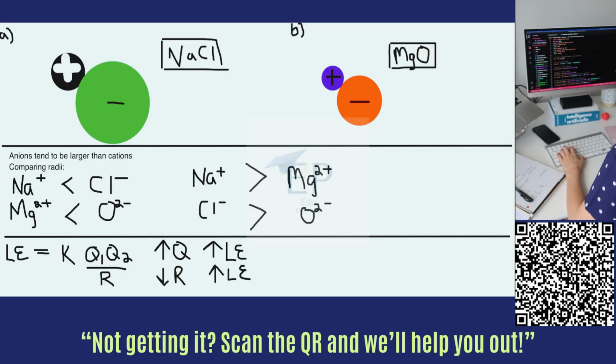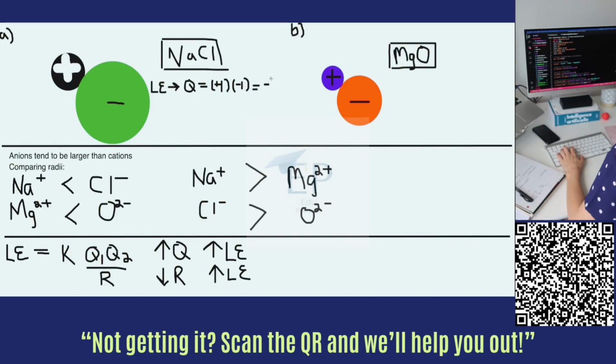So let's compare the relative lattice energies of sodium chloride and magnesium oxide. In sodium chloride, the Q is going to be equal to the charge of sodium times the charge of chlorine, which is positive and negative 1 respectively.